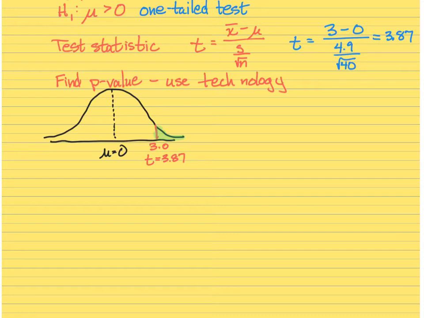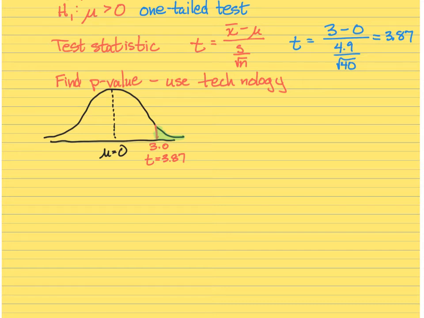And this is where our technology is going to come in, and we're going to use our calculator to find that area. We just don't have good enough tables to help us find those areas, so we have to use our technology.